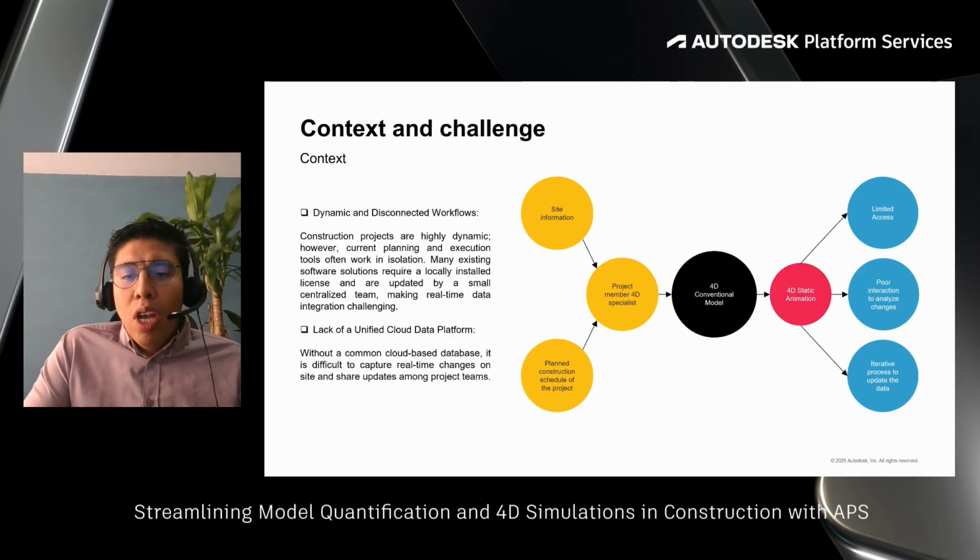But once you need to edit one file to do a 4D simulation or quantifications, this connection breaks between the platform and what is happening in the software. This is happening right now.